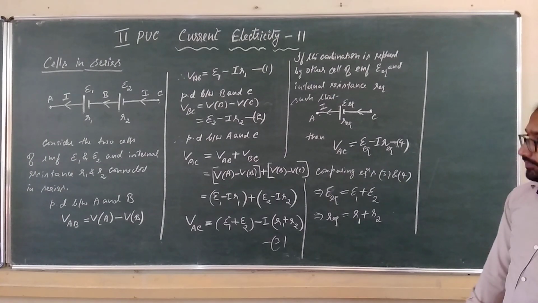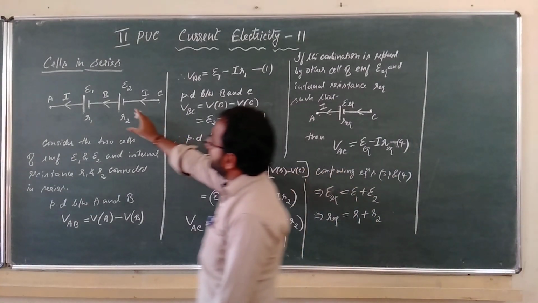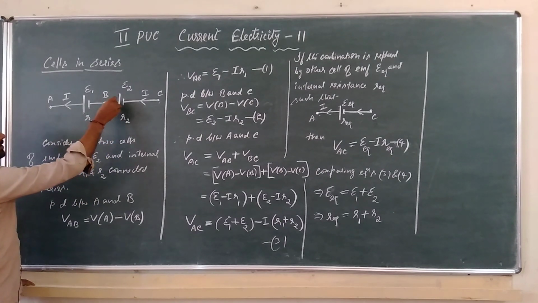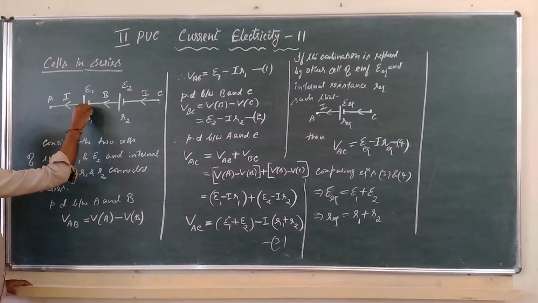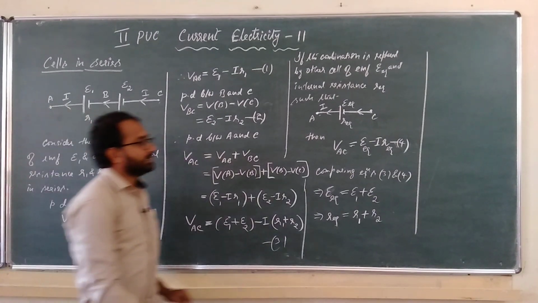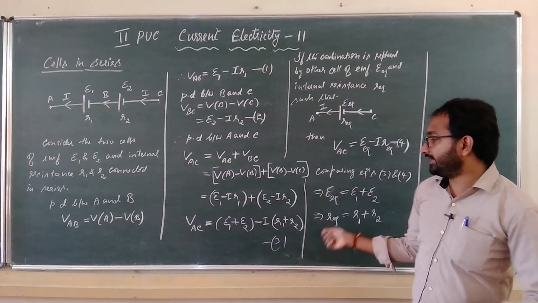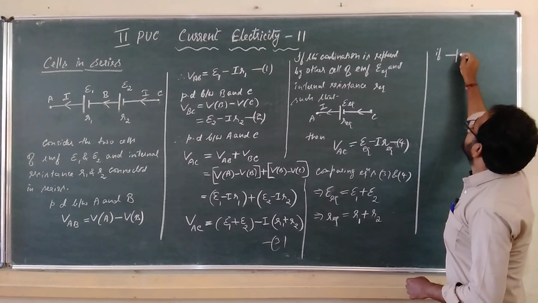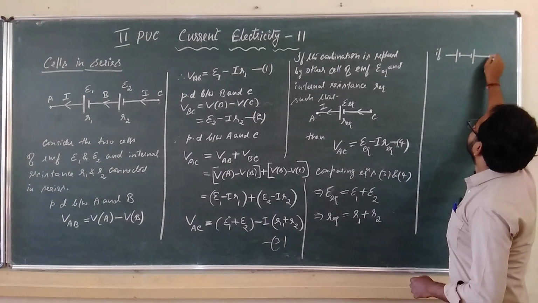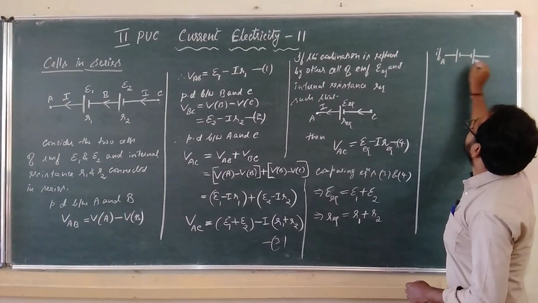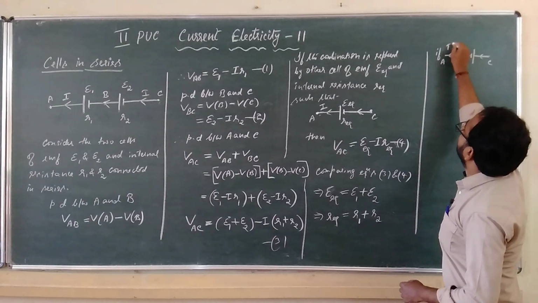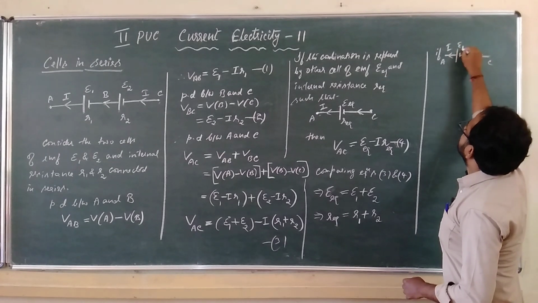Suppose now instead of the positive terminal of the second cell, the negative terminal of the second cell is connected to the negative terminal of the first cell, then what about the equivalent EMF? If this is the case, say between A and C, current is flowing like this.